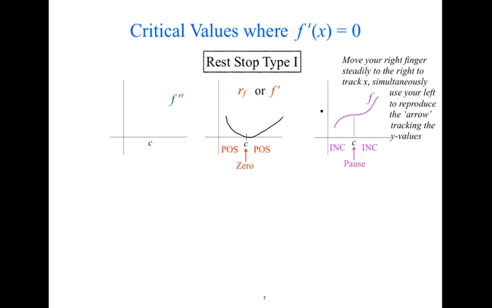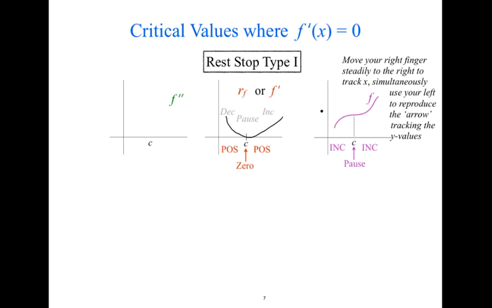But what else is happening here? At first it's positive, but it's decreasing, and then it pauses, right? So it's 0, but it's also pausing and then increases. So we have decreasing, pausing, increasing.